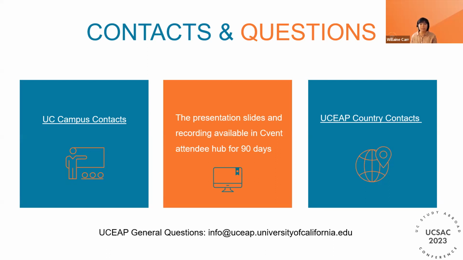This slide also contains clickable links to your UC campus office contacts and UCEAP country contacts. You may also contact or refer students to the info@uceap.universityofcalifornia.edu email address for any UCEAP general questions.